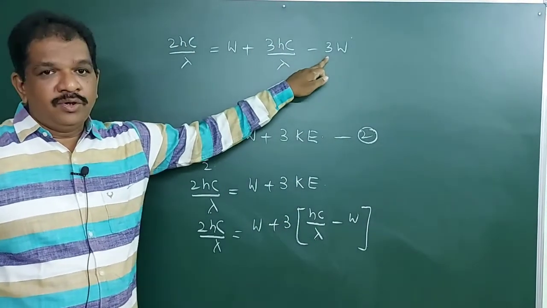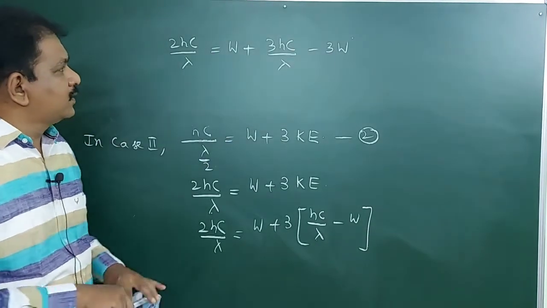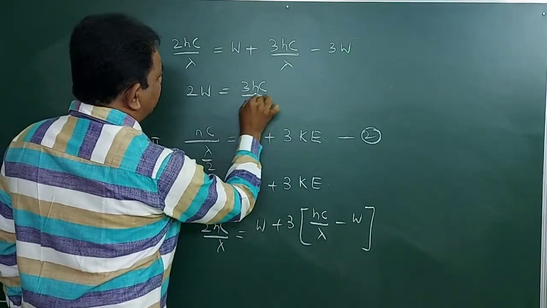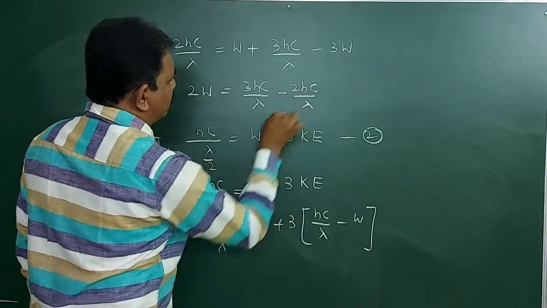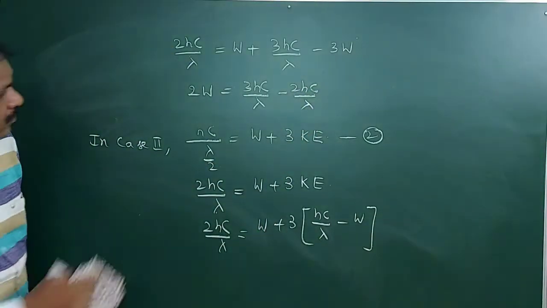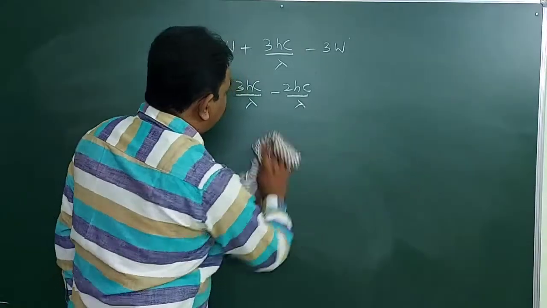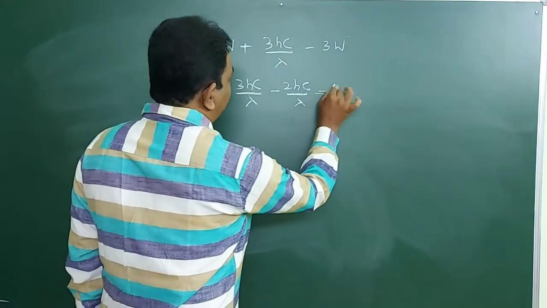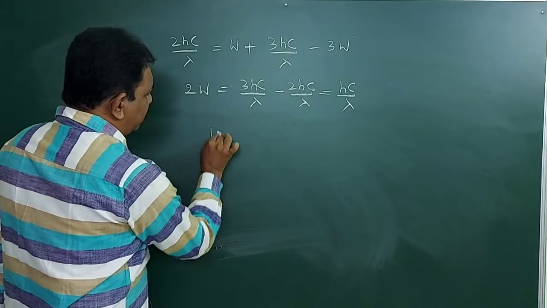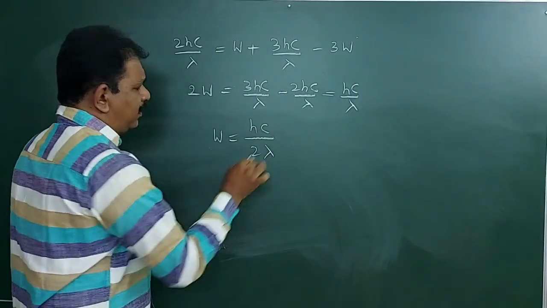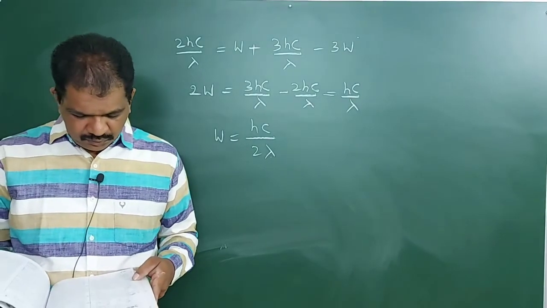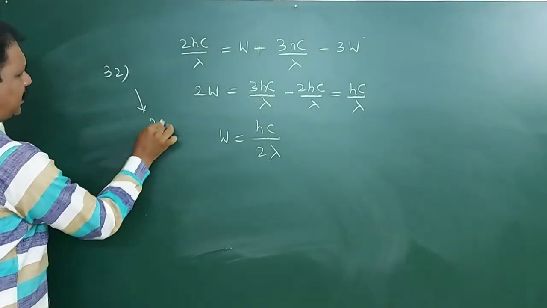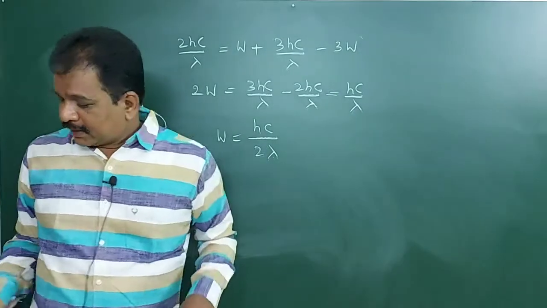W minus 3W will be minus 2W, you bring to this side. So 2W is equal to 3 Hc by lambda minus 2 Hc by lambda. So this value Hc by lambda, W is equal to Hc by 2 lambda. So 32, it will be second option. Clear? Next 33.